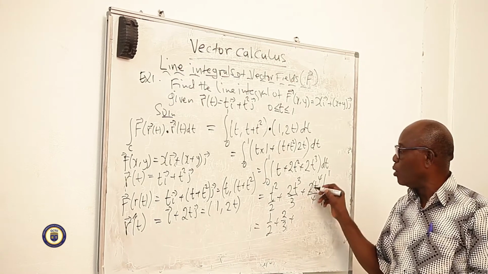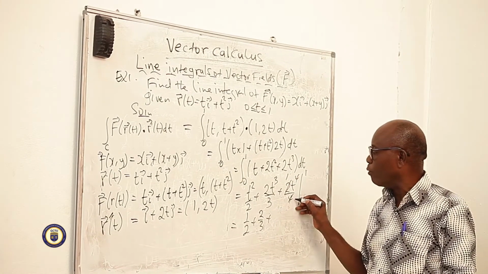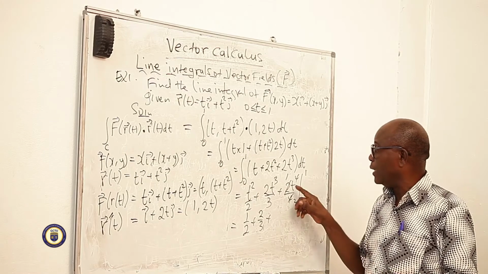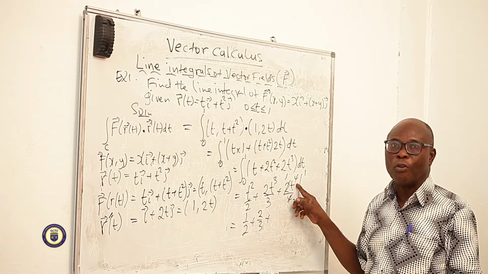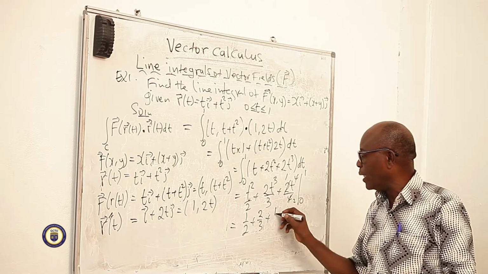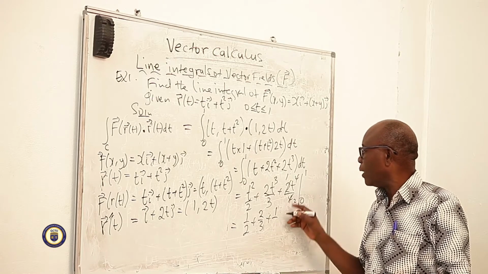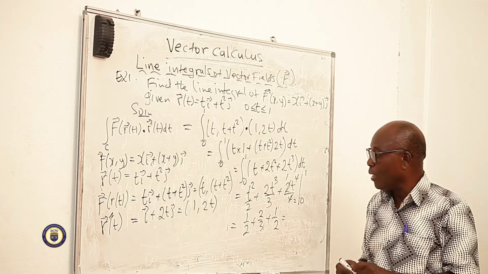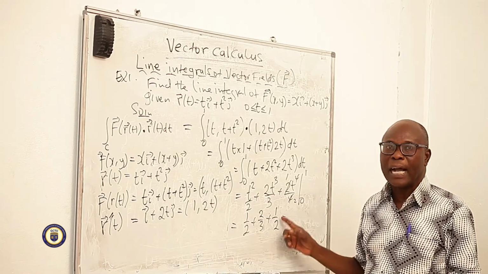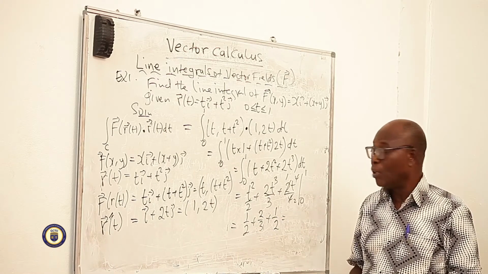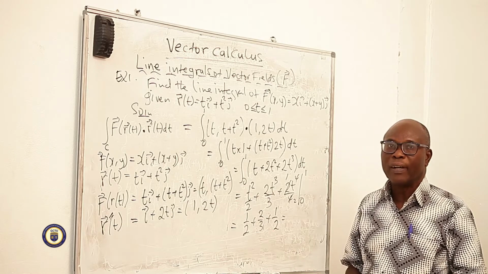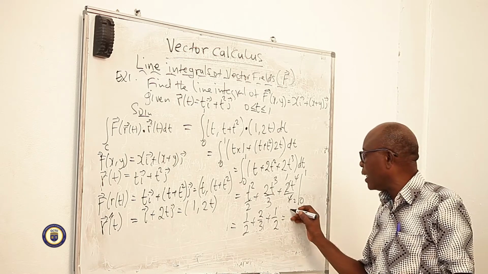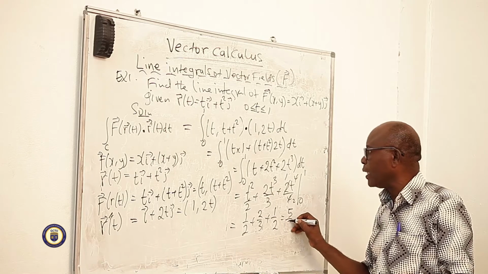We can cancel: 2 goes into 2 once, 2 goes into 4 twice. So 1 raised to the power 4 gives us 1, so we have 1 over 2. Finally we have 1 half plus half, that will give us 1. 1 plus 2 over 3 gives us 5 over 3.